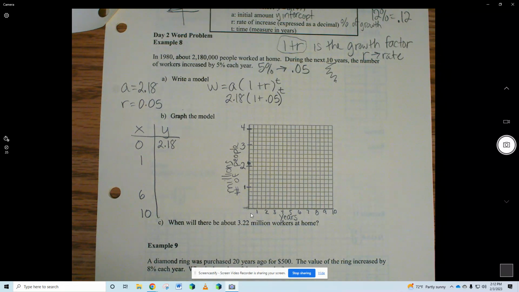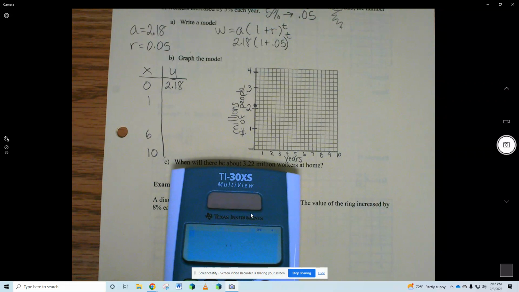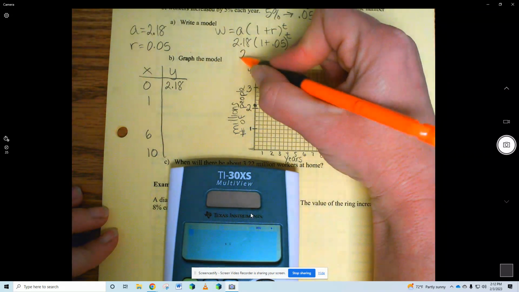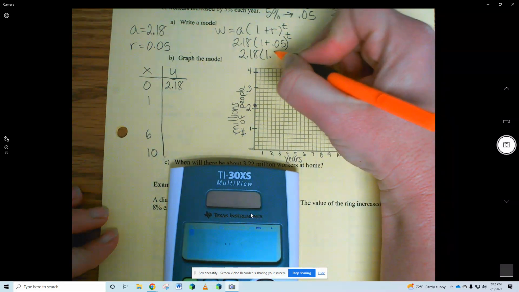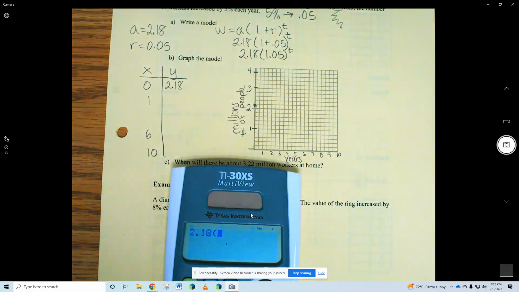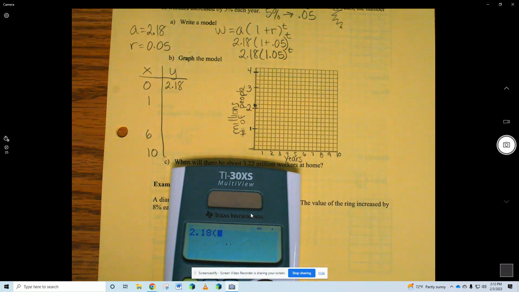Okay, you need a calculator for this. Here's what you're going to do. Okay. I'm going to do 2.18 times the quantity, 1.05 to the t power. This calculator is awesome because I can just enter everything and it does all the math. If you have a cell phone calculator, I'll show you how to do it on the cell phone, or just like a basic one. You must do 1.05 to the first power.